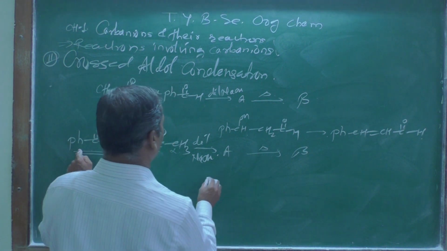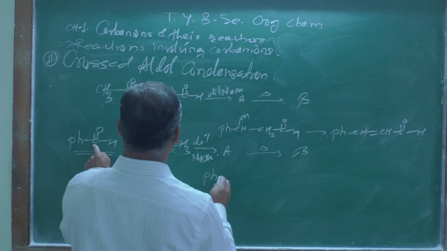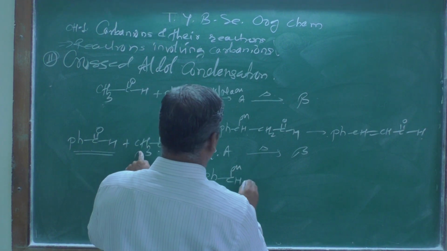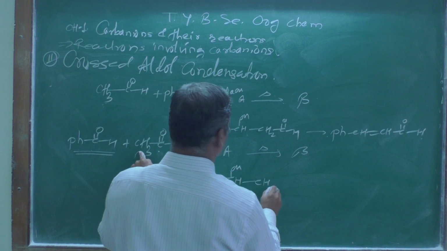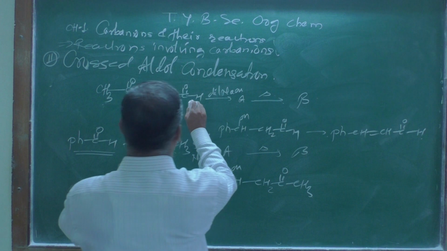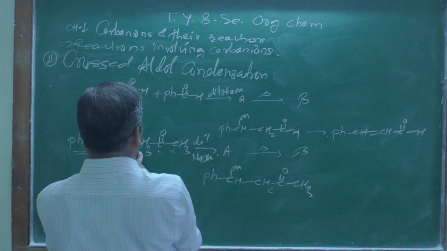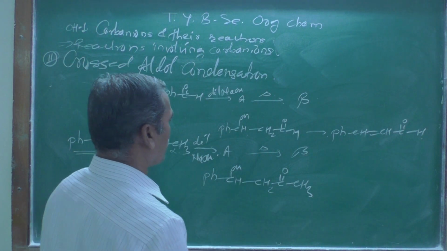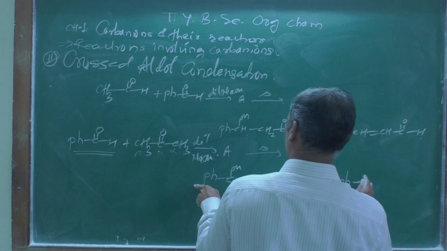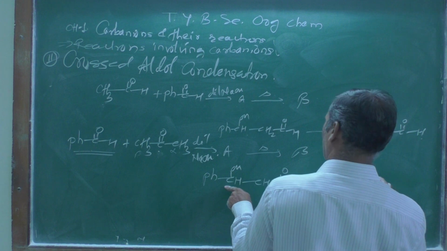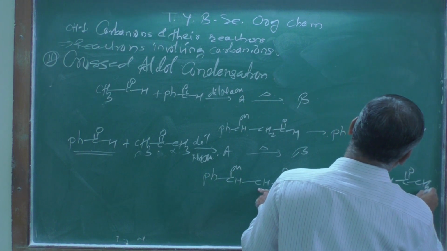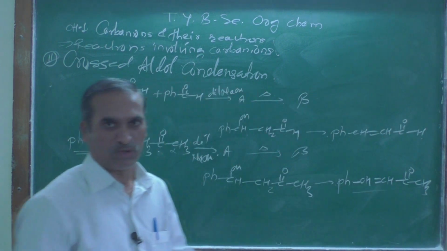And the A product here you are going to get: Ph, then here CH-OH, and then CH2 C double bond O, here is a CH3. And just heat it. What you are going to get: Ph, then CH double bond CH, then C double bond O, and the CH3. That will be the B product over here.